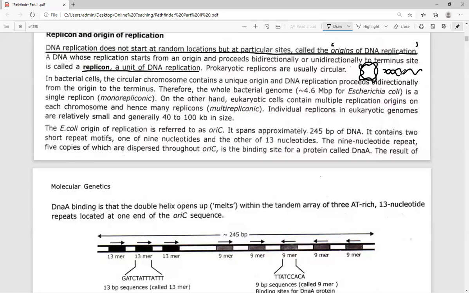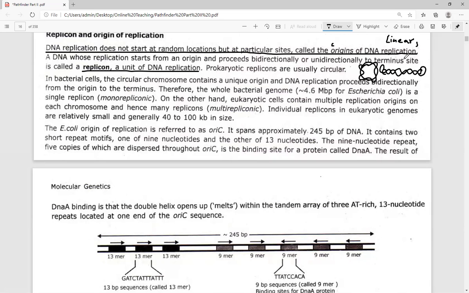This is a double-stranded DNA molecule which is linear, and it is always closed at its ends. Every eukaryotic DNA molecule is closed at its ends. Its ends are never left open.